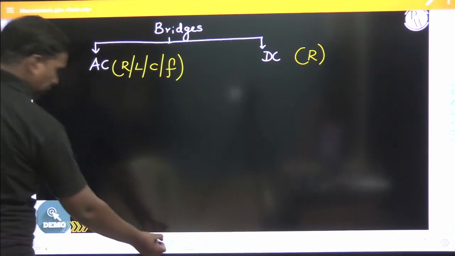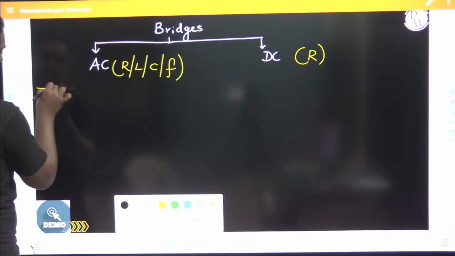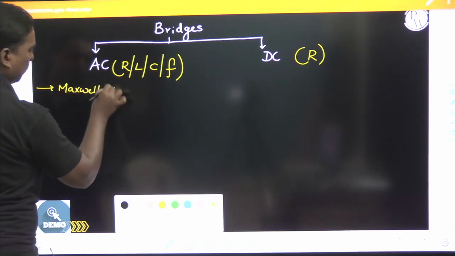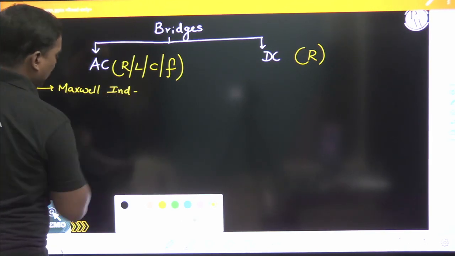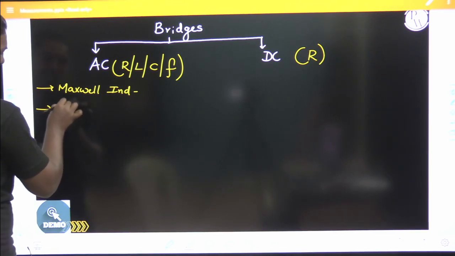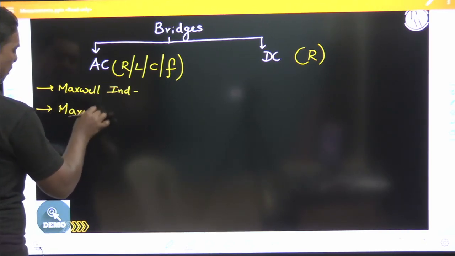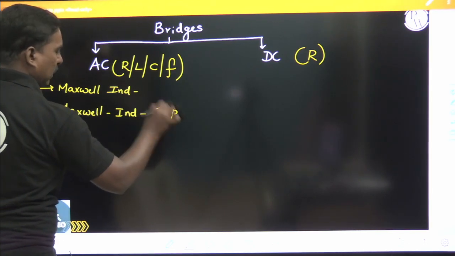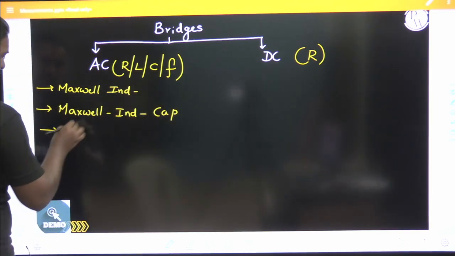In AC bridges, there is a list of bridges. One is the Maxwell inductance bridge. Next comes the Maxwell inductance capacitance bridge. Next comes Hay's Bridge.